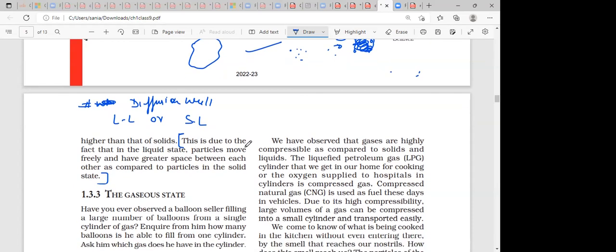And the answer will be: this is due to the fact that in the liquid state, particles move freely and have greater space between each other as compared to the particles in the solid state.